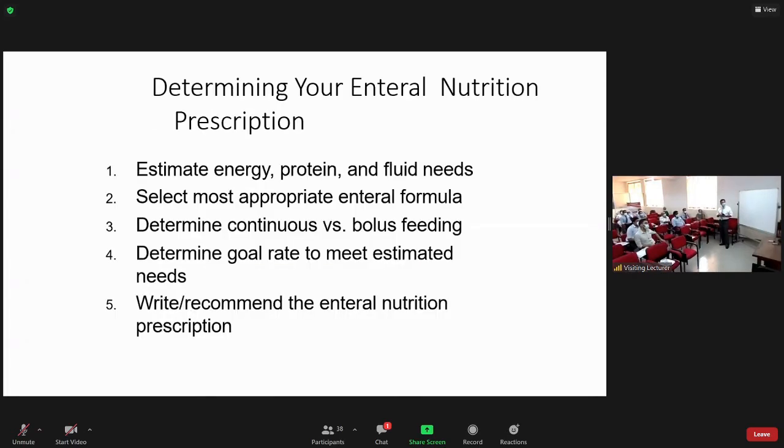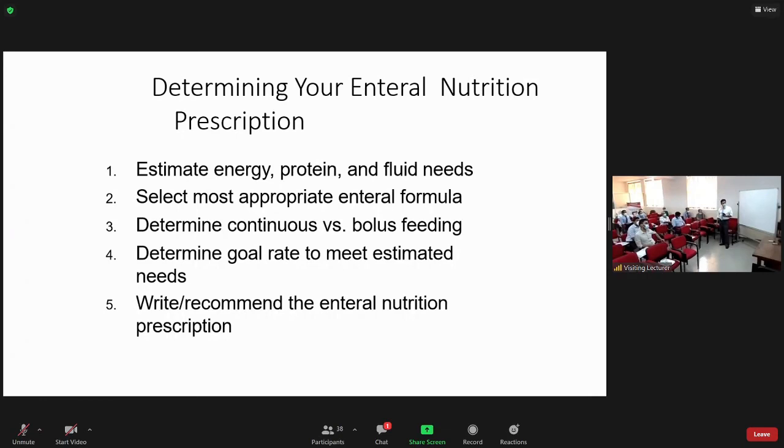Next slide, please. How to determine your enteral nutrition prescription. We have to estimate energy, protein, and fluid needs. Then select the most appropriate enteral formula. They don't talk about kitchen food, like blended rice kitchen food. And determine continuous versus bolus feeding. Depending on the site, if it is the jejunum, we have to consider continuous feeds. And determine the goal. This goal is also very important.